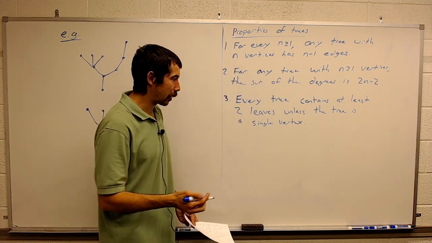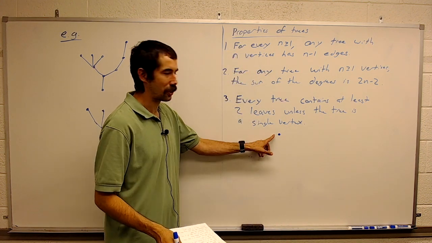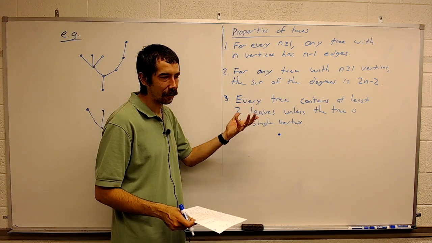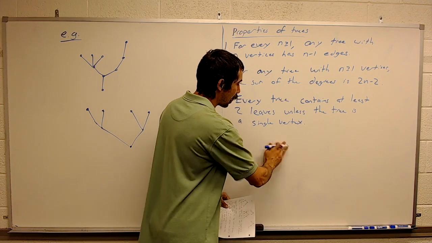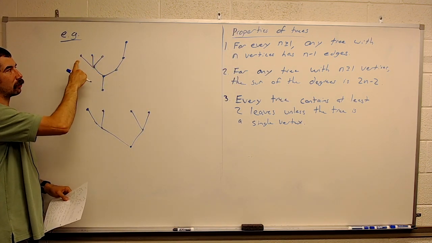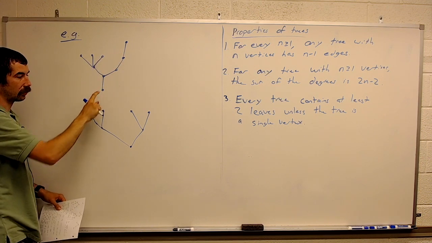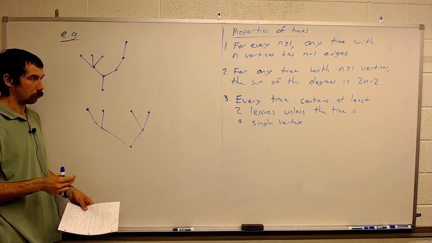If your tree is just like this, if that's your whole graph and it's just a single vertex, of course there's not 2 vertices that are leaves, but any other tree has at least 2 leaves. Here we have a bunch of leaves, right? 1, 2, 3, 4, 5 leaves. And here we have 1, 2, 3, 4 leaves. That's at least 2.